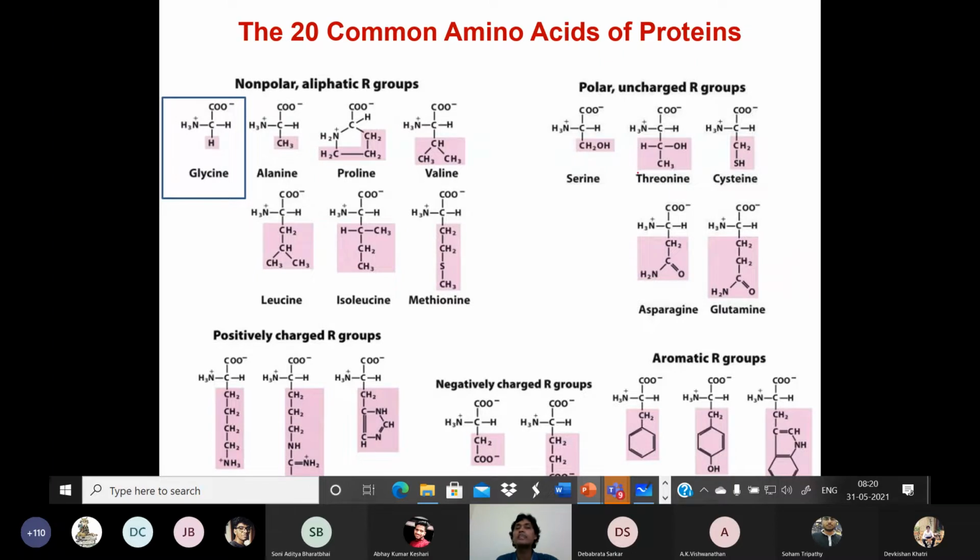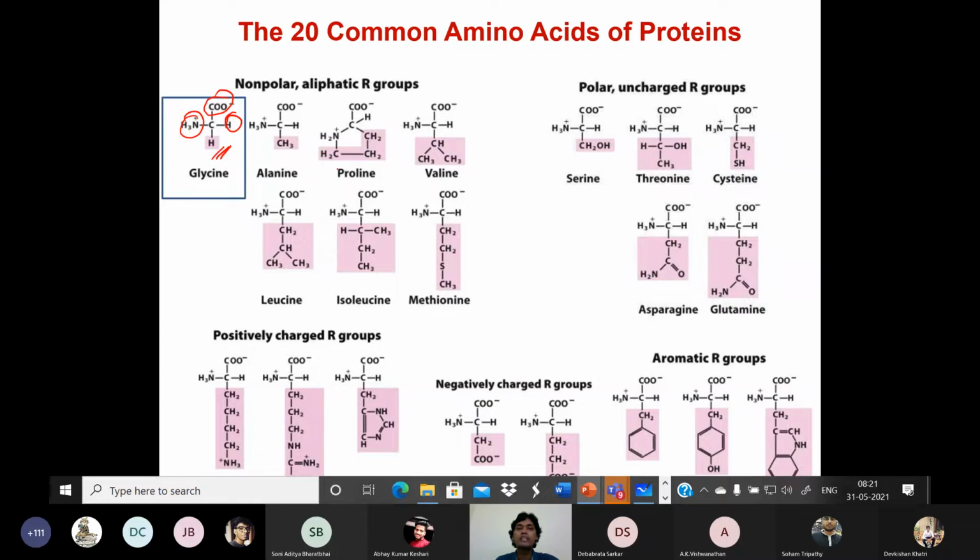Rather, you should concentrate on the fact that we have different types of amino acids based on their side chain, because the other things are fixed, right? This COOH, NH2 group, H, those are fixed in every amino acid. But the side chain is the variable part.